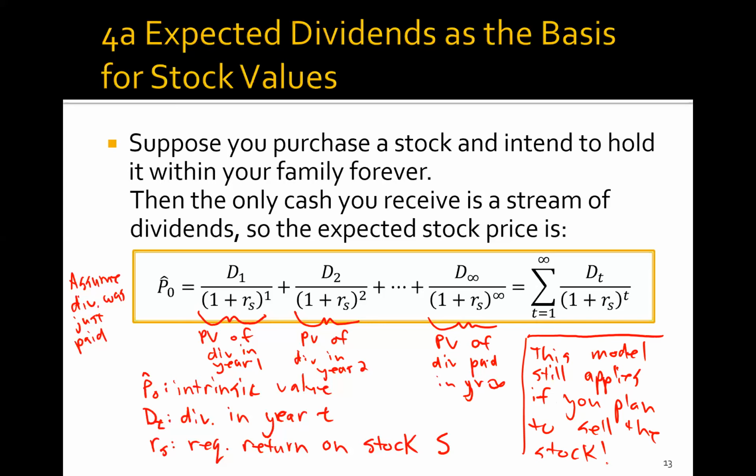And if that person plans to sell the stock to someone else, that person is also going to look at future dividend payments. So the fact that people buy stock, even sometimes with the intention to sell it later, does not invalidate the model, because the dividends that a stock pays are still the ultimate determination. It's the dividends that are paid that place a value on the firm. It doesn't matter how long you plan to hold the stock.